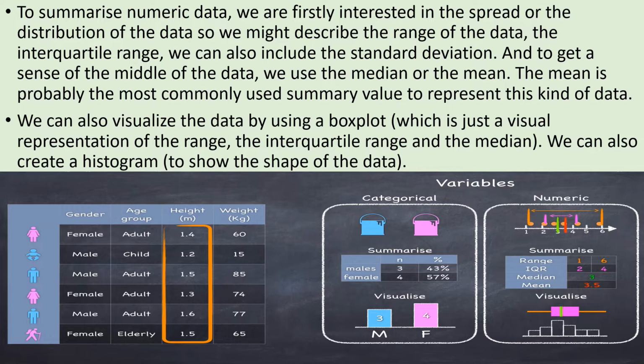We can also visualize the data by using a box plot, which is just a visual representation of the range, the interquartile range, and the median. We can also create a histogram to show the shape of the data, like you can see over there on the right-hand side under the heading numeric.